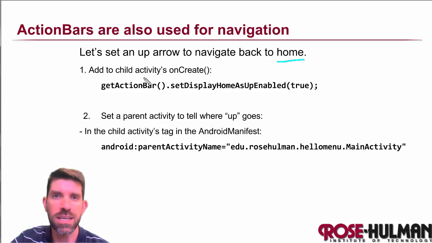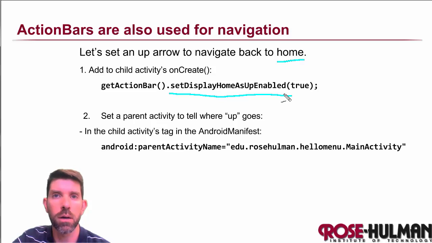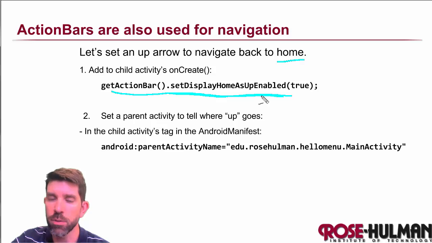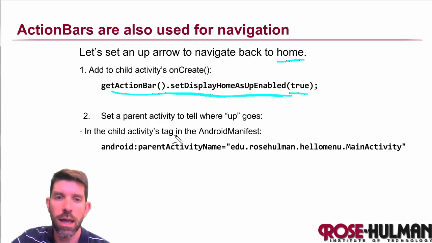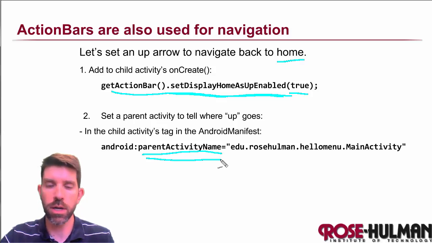But what I could do is, even within my own activities, I can say I should be able to navigate back up to home, the home of my app, so to speak. And the way that I do that is simply as I set display home as up enabled, and pass it true, and then in the manifest I have to tell my child activity which activity is its parent. So let's go ahead and do that.